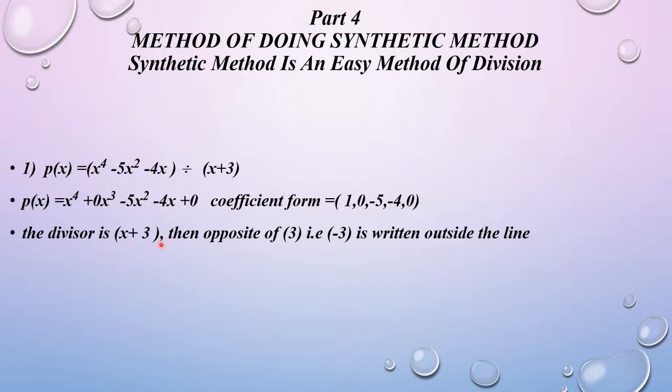Now we have to write the opposite of plus 3, that is minus 3, which will be written outside the given line. Now we have to form two lines, one horizontal and one vertical, where inside we have to write the coefficients of the dividend, and outside, for the divisor x plus 3, the opposite of x plus 3, that is minus 3, we have to write.